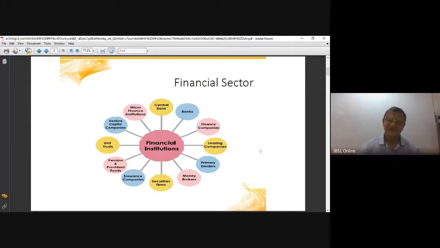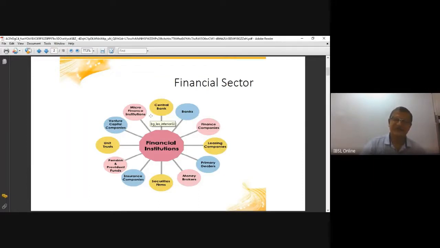Under financial companies, you also get insurance companies, because insurance is also one of the major funding arms of these financial institutions. We also have pension funds, unit trusts, venture capitals, and those who fund micro-level business are called microfinance institutions.